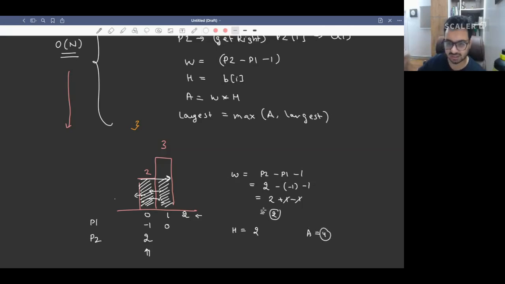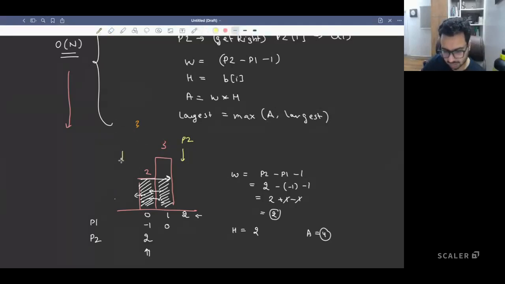Is it the correct width? Of course, yes, it is the correct width. When I say I will take everything between P2 and P1, this index is P2. This one is P1.